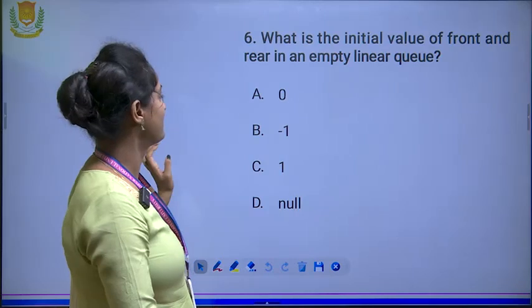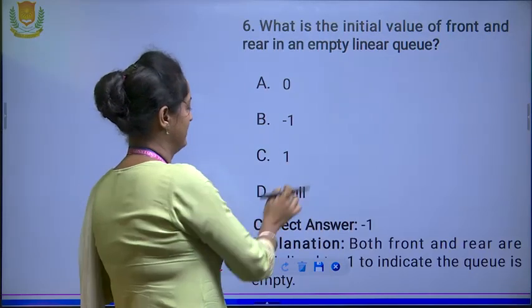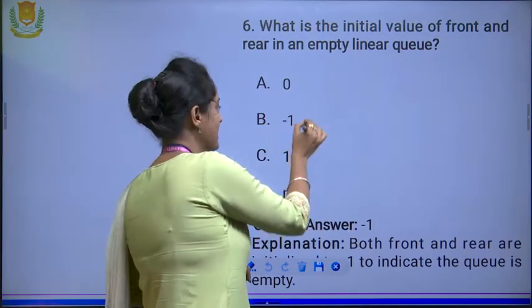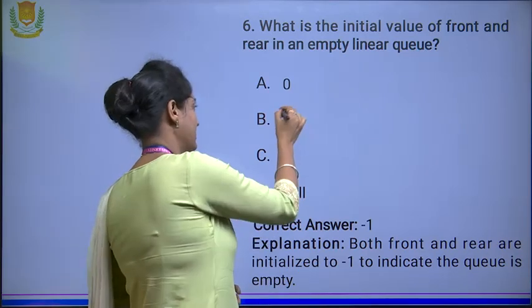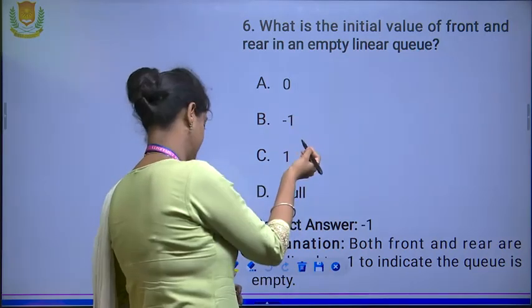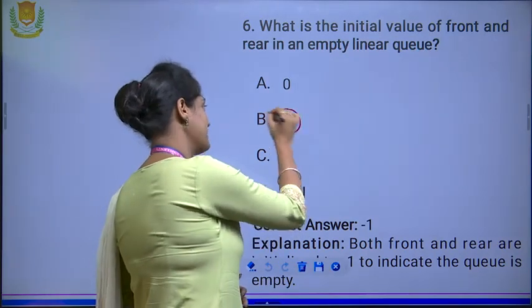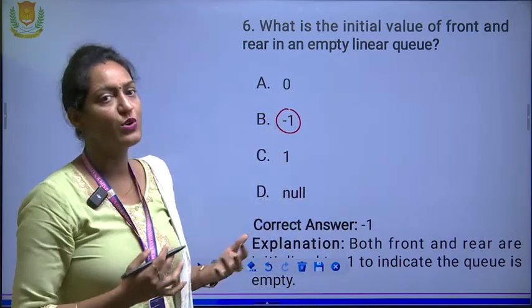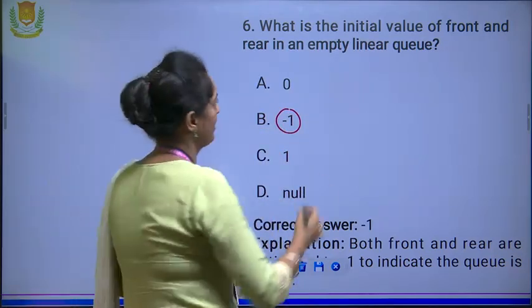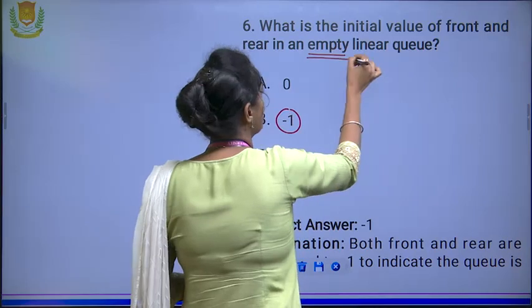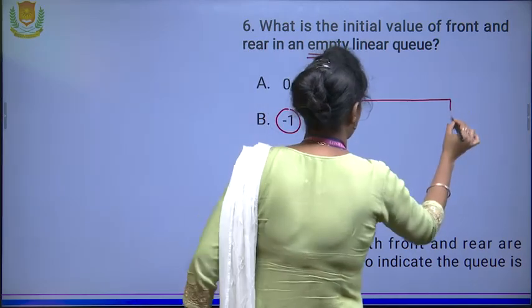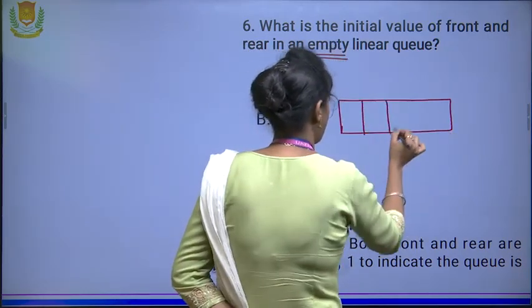So the answer of the question is -1. We do not have any element in my queue, because we are talking about the empty linear queue, right?